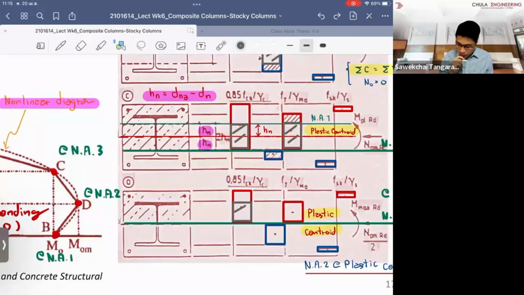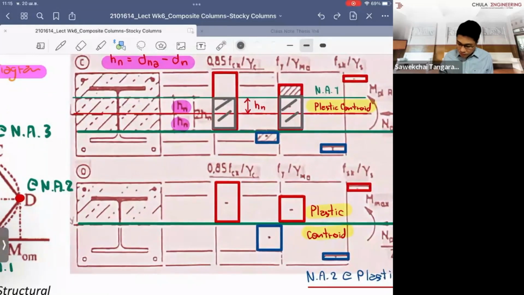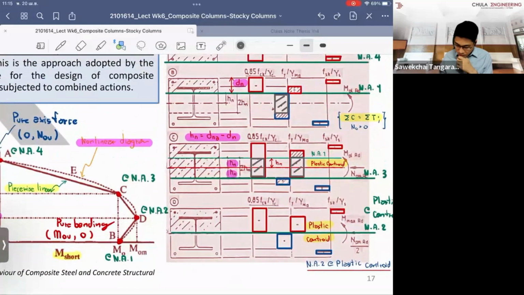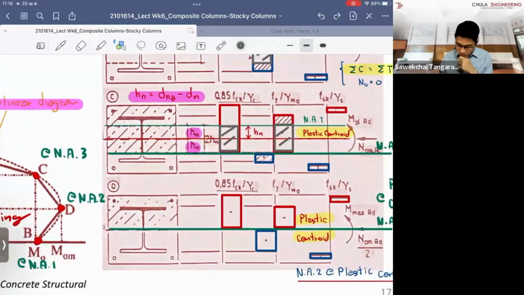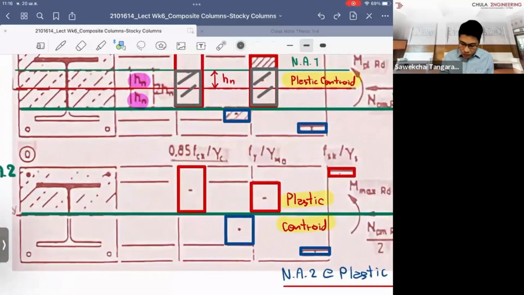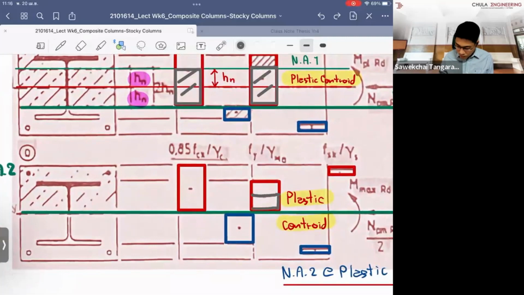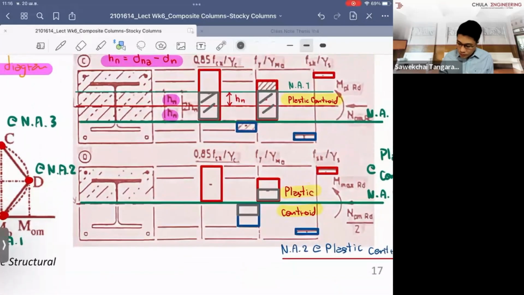Hold on, I have to compare them. This is the proportion we are talking about.